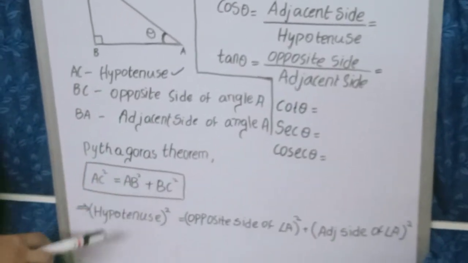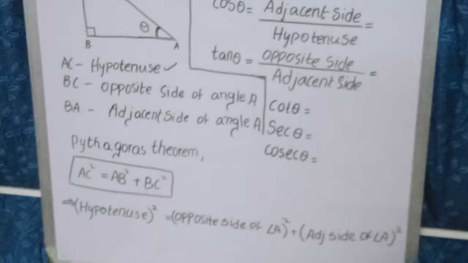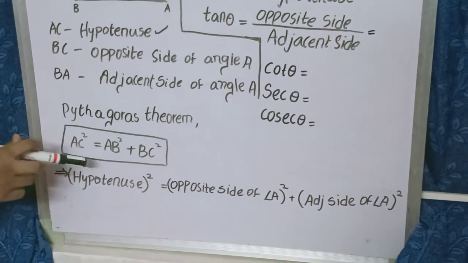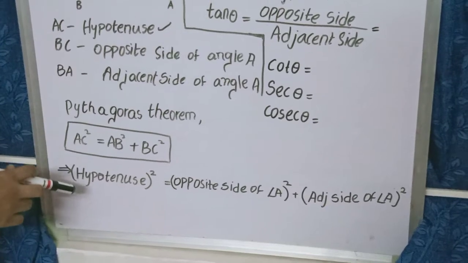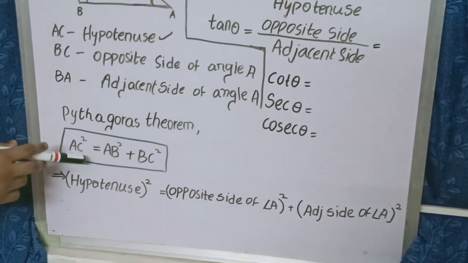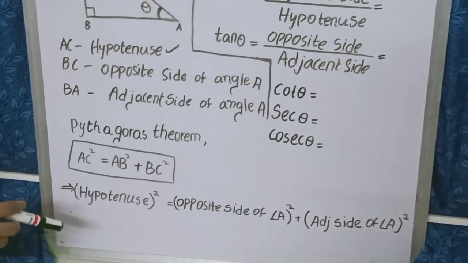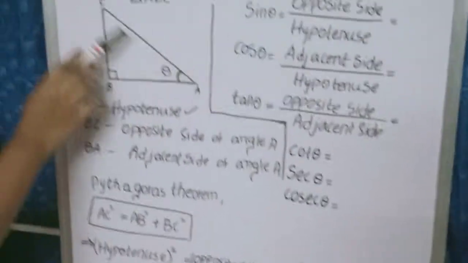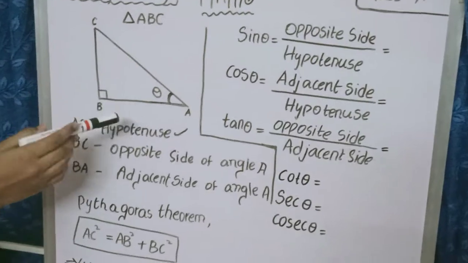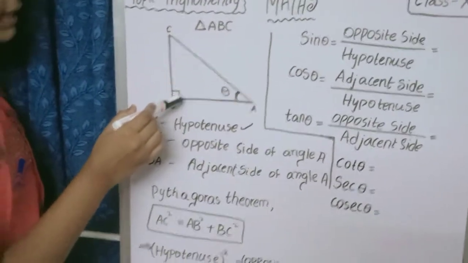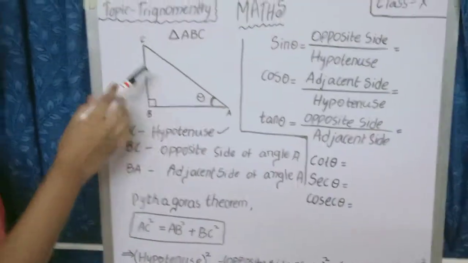This also we have learnt in our previous classes like 8th and 9th. The Pythagoras theorem definition is: the hypotenuse square is equal to the sum of squares of the other two sides. Here the hypotenuse is AC, because the right angle is at B, and opposite to the right angle is AC.